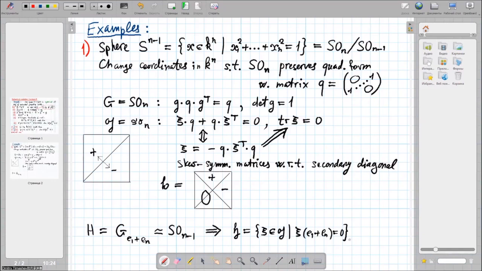And now what is it in the matrix form? Let's take a look. What is this Lie algebra in the matrix form? Let me try again to draw a picture for you.